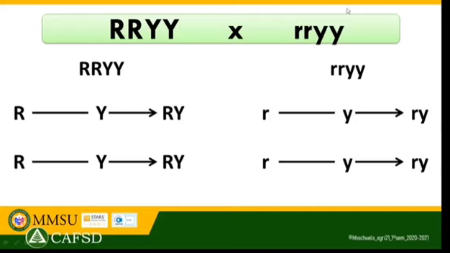Again, for the homozygous recessive individual, we take the recessive R and the recessive Y, we combine them, and we have recessive R, recessive Y. So these are the gametes. The gametes are dominant R, dominant Y, dominant R, dominant Y, recessive R, recessive Y, recessive R, recessive Y.